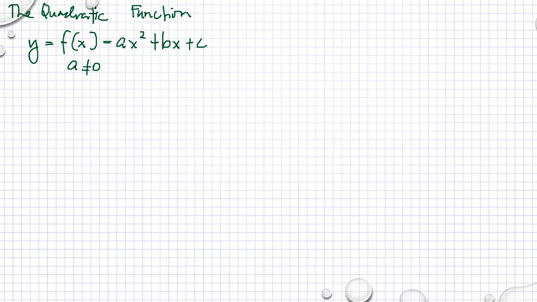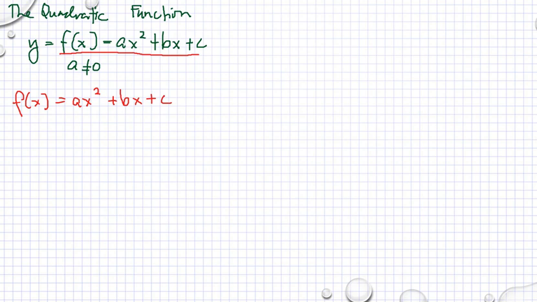I will be discussing the quadratic function. A quadratic function is always in this form, as you can see here. Just this one, always in that form. And as you can see, I express my function in f of x instead of y.